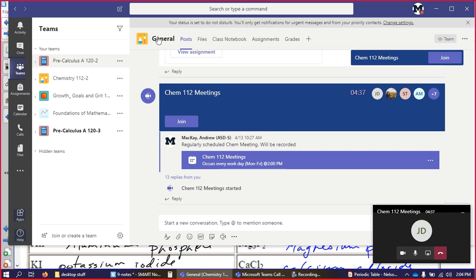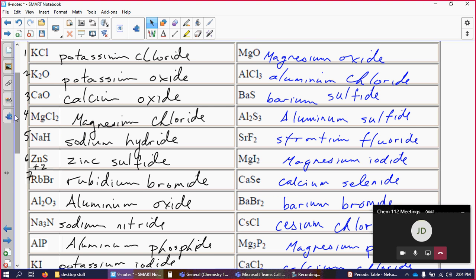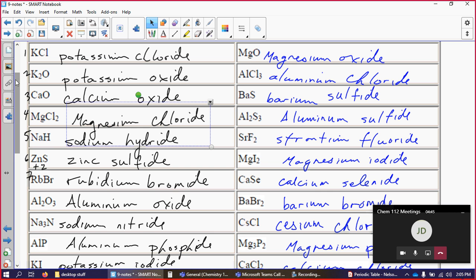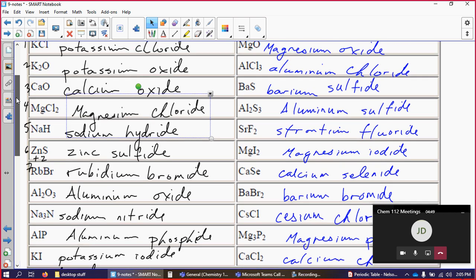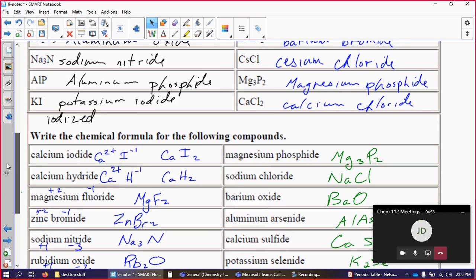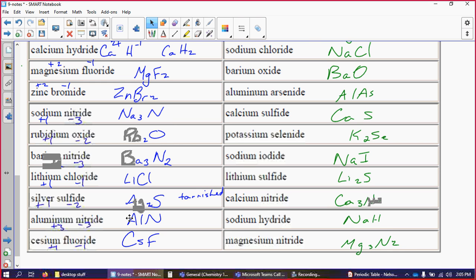I put the completed practice 1 and practice 2 in the notes there, so they're there to check. I'm sorry my penmanship is awful. If there are any questions on any of those, let me know.